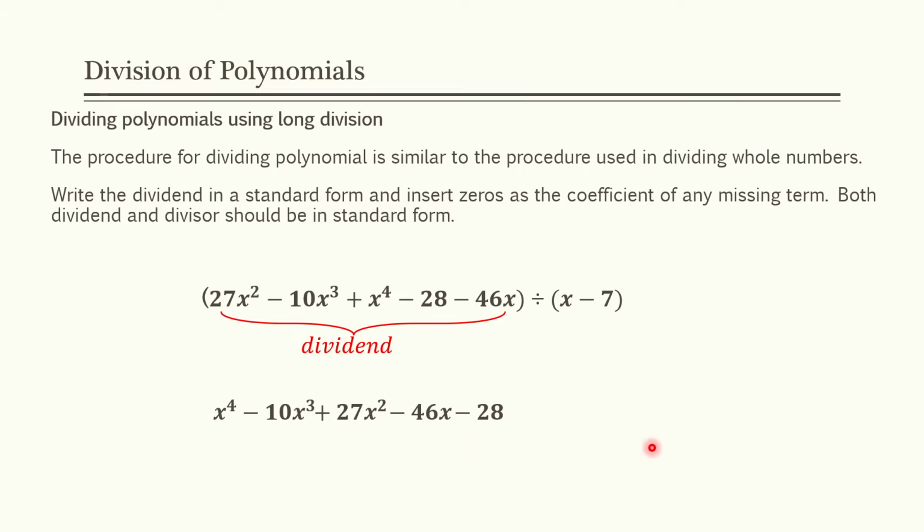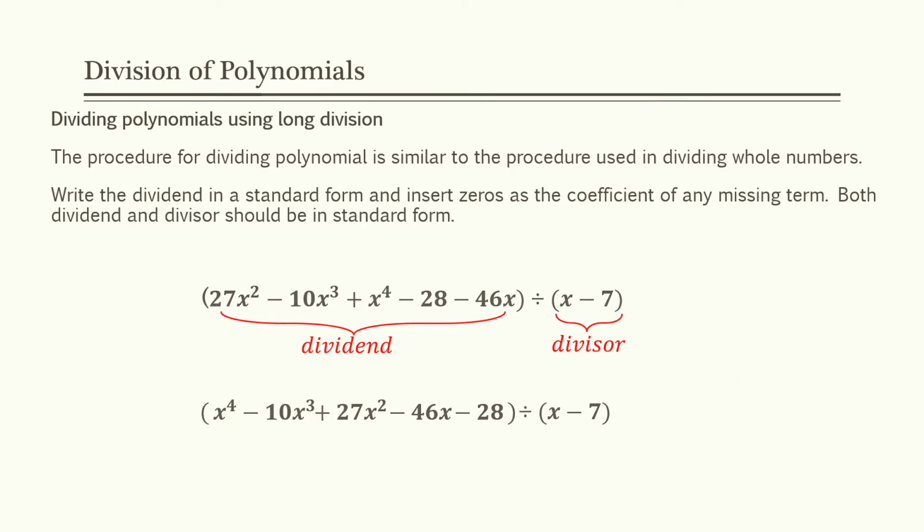So, after na na-arrange natin, this is the only time na pwede na natin silang i-divide. So, we have to divide now this polynomial by x minus 7. Okay? So, later, i-divide natin yan. So, we'll have an example paano. Again, always remember that this is your divisor.